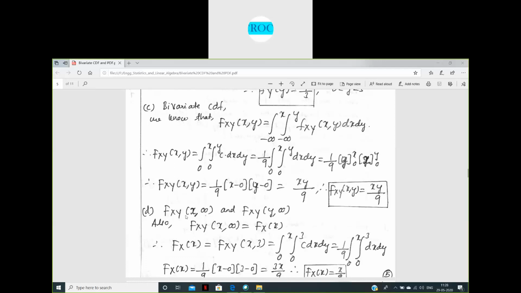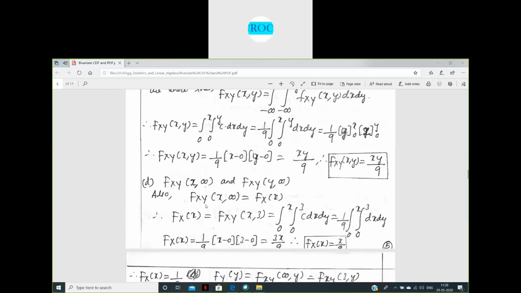Now FXY(x, infinity) and FXY(infinity, y). As I said, from the third property of the bivariate CDF, what is this FXY(x, infinity)? This is equal to FX(x). Here, since the limit for infinity is 3, we get FXY(x, 3).